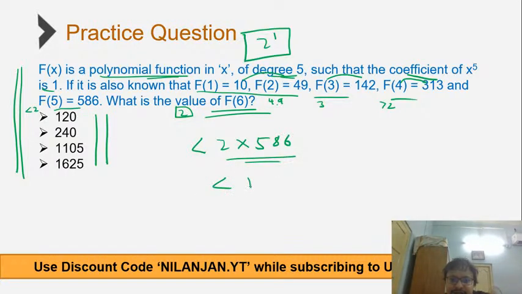That is less than 1200. But at the same time, it should obviously be greater than 586. Greater than 586 and less than 1200. So try and figure out which option falls in this range.